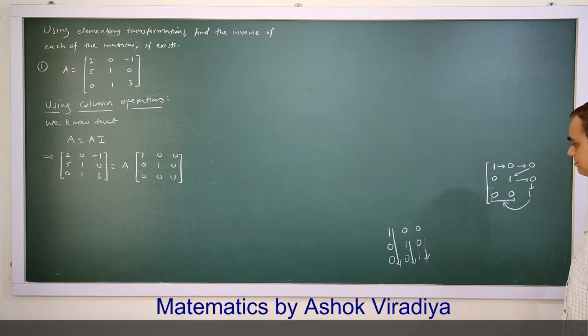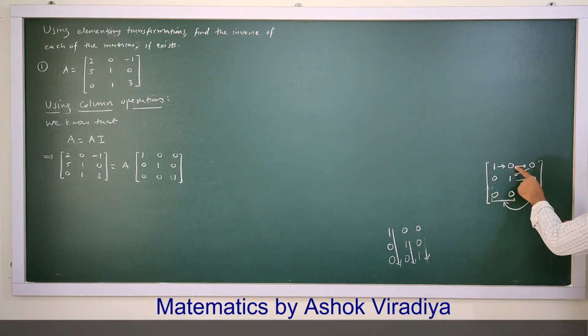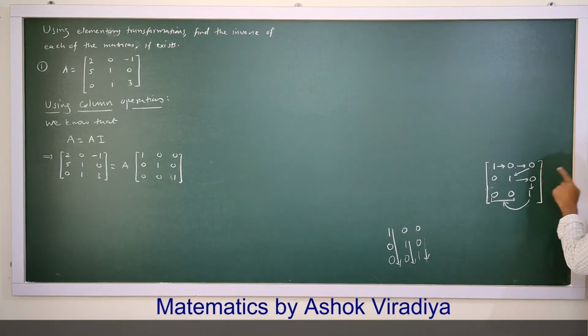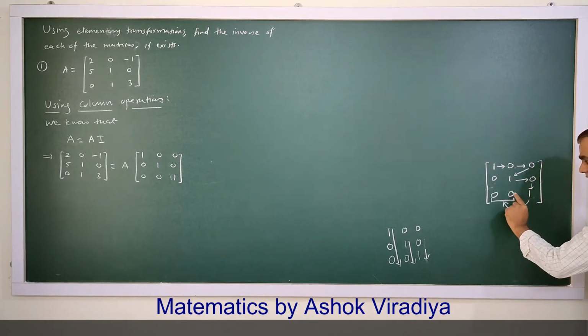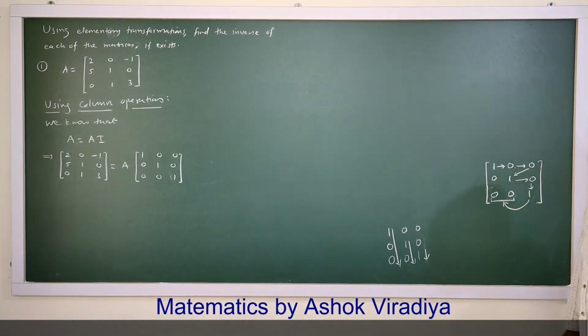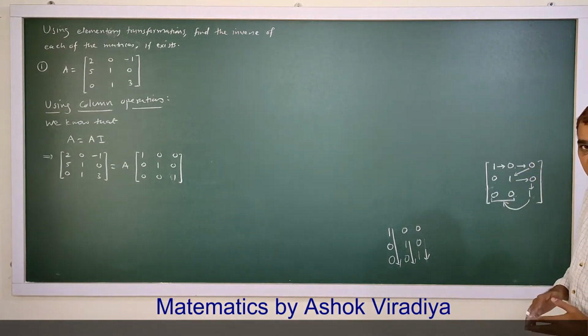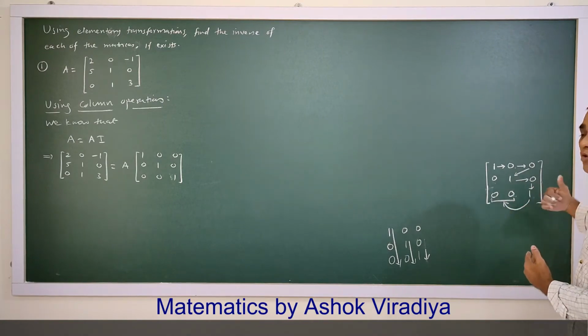This is last step. So 1, 0, 0, then 1, 0, then 1, then these 2 zeros, and last this will be 0. So this will be the procedure, sequence of getting digits 0 and 1.